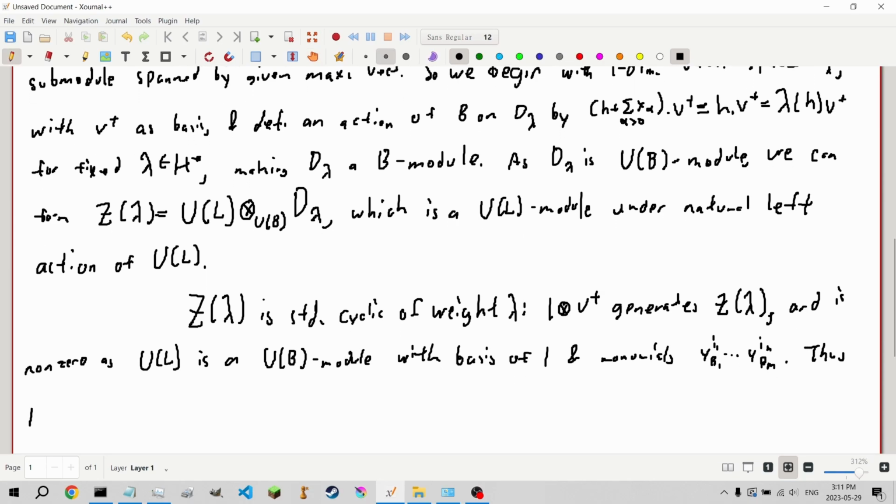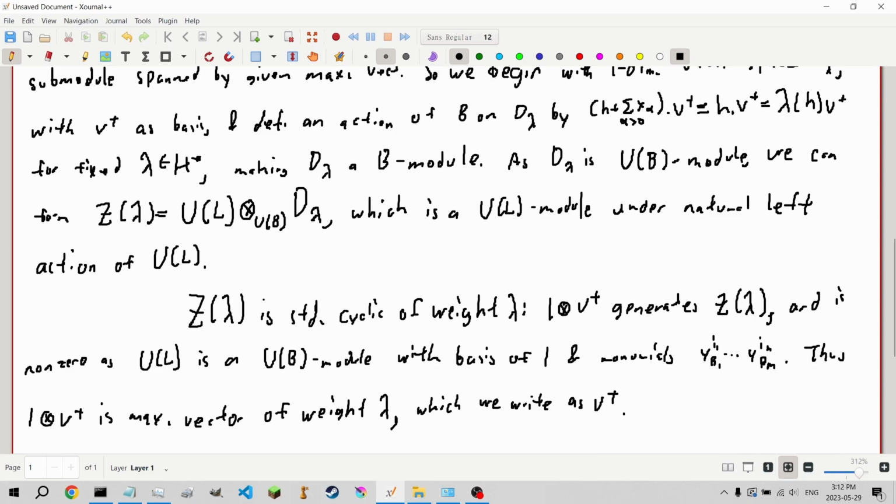Thus, 1 tensor v plus is a maximal vector of weight lambda, which we write as just v plus to keep things easy.